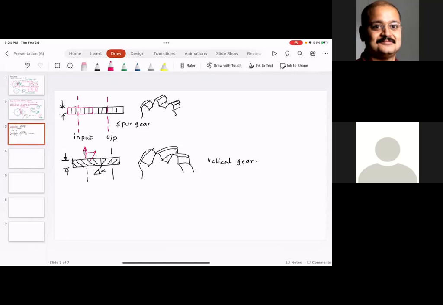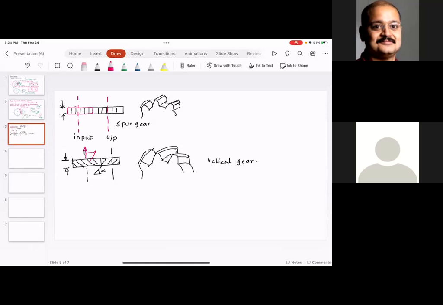Which means when you design the helical gear, by default, you have to use a thrust bearing so that the axial force is taken by the thrust bearing. For spur gears, you do not need a thrust bearing, but for helical gears, you need a thrust bearing. Now, is that bad? No.